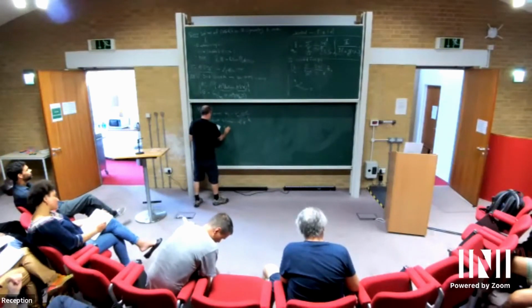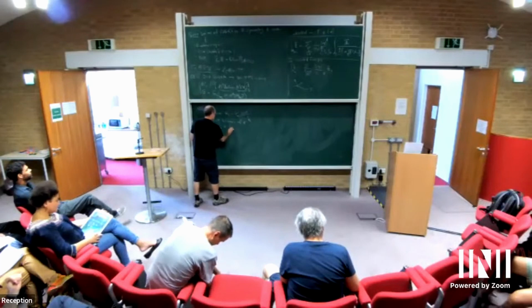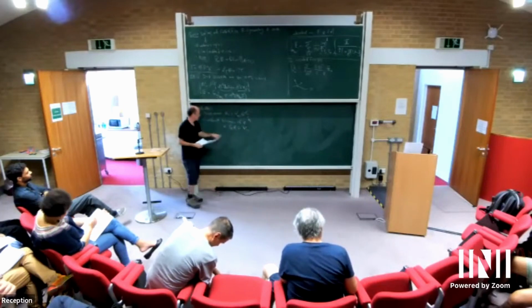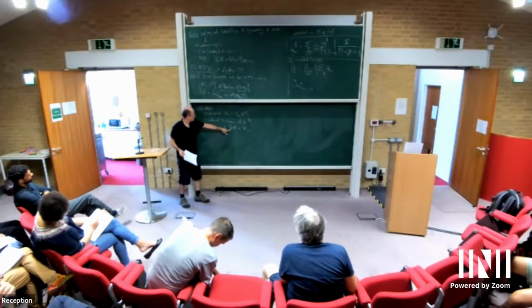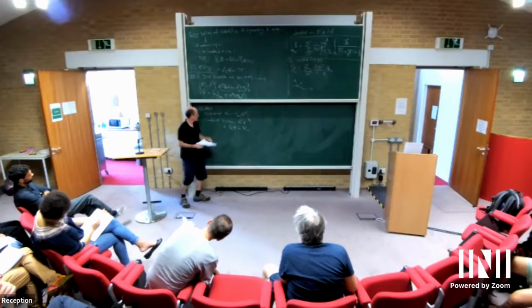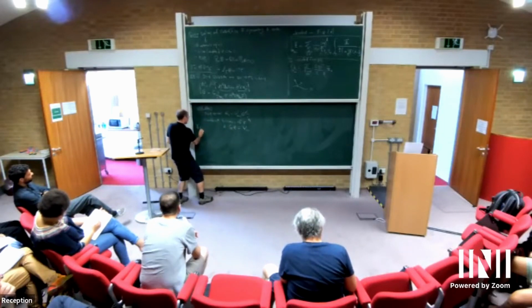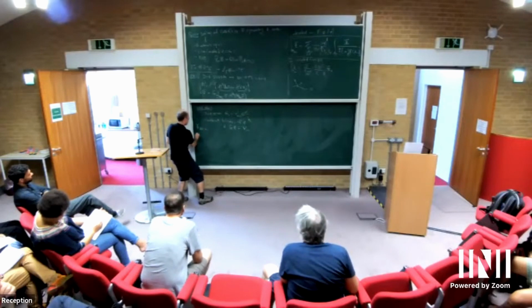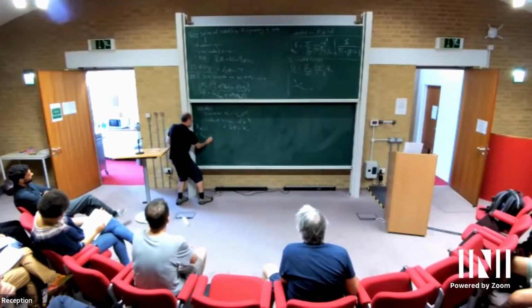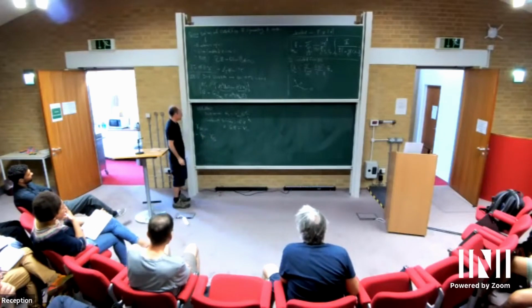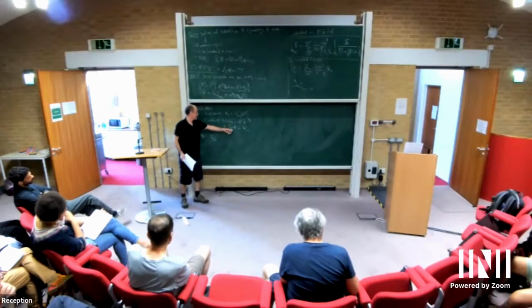I mean, we just consider things like this. So this is the spinor, its conjugate, and here I've got an antisymmetric combination of the gamma matrices. So that's antisymmetric in our indices.